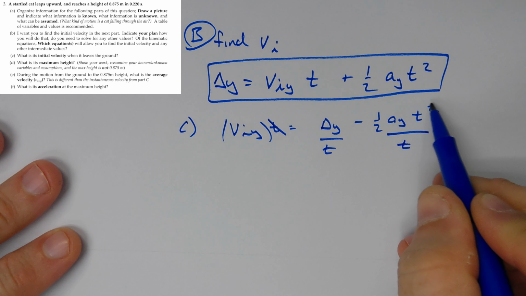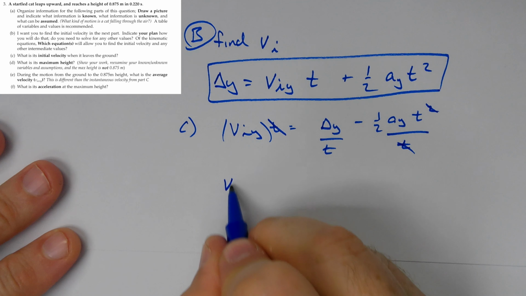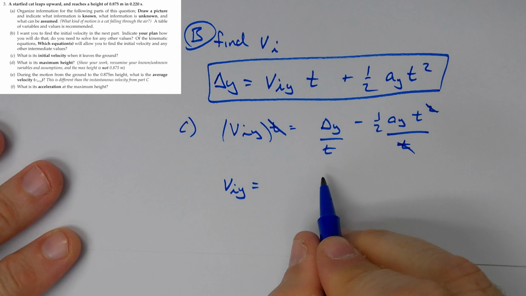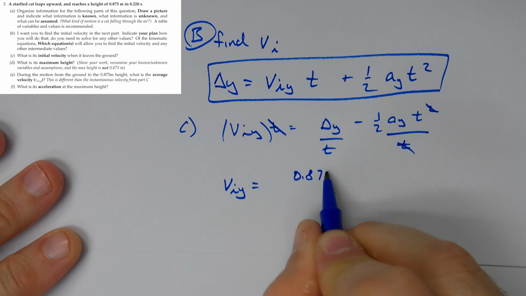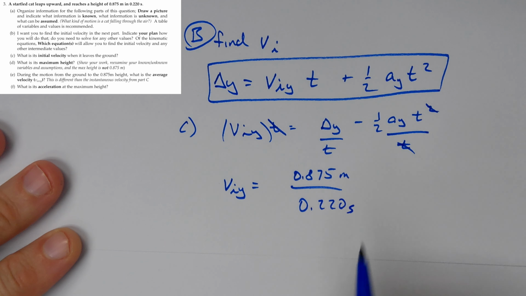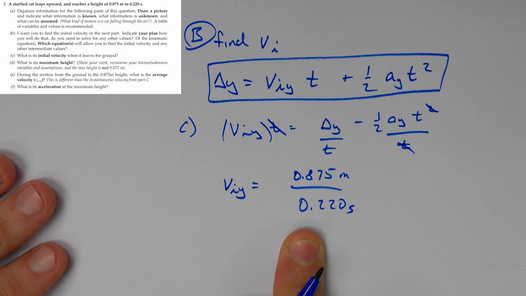And this one and that one will cancel out. And so we'll have our v initial is going to be our delta y over t. That's 0.875 meters over 0.220 seconds. And you'll note that's your average velocity. That's the distance over the time.